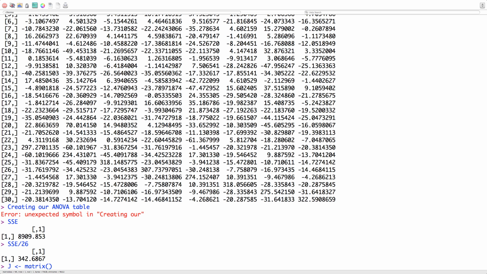And I would probably go repeat, let's do this, C, repeat integer 1 30 times.